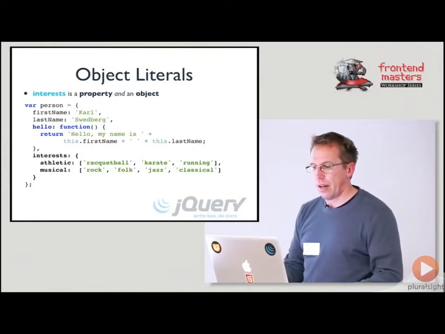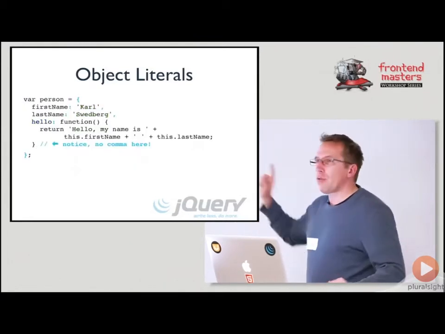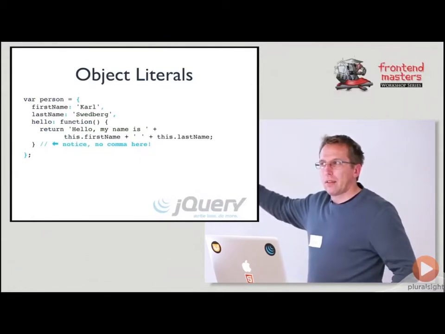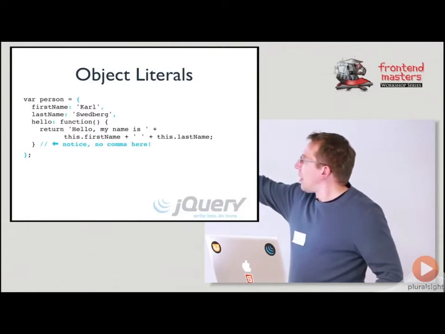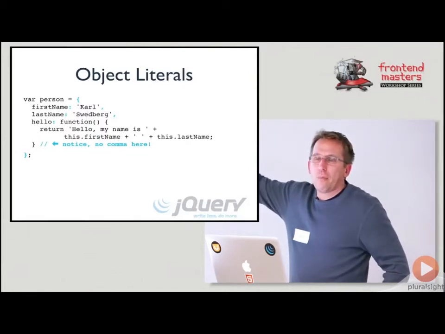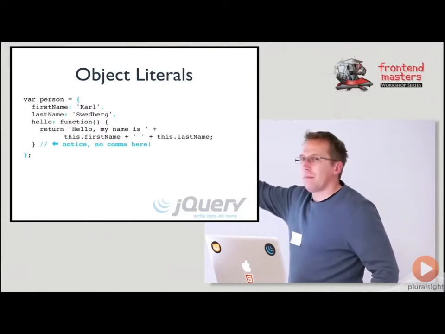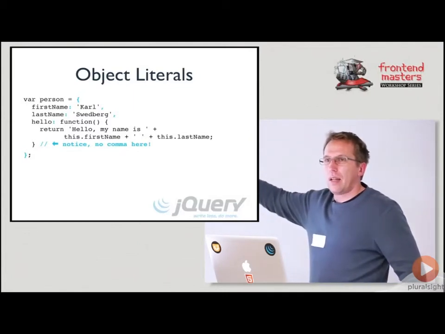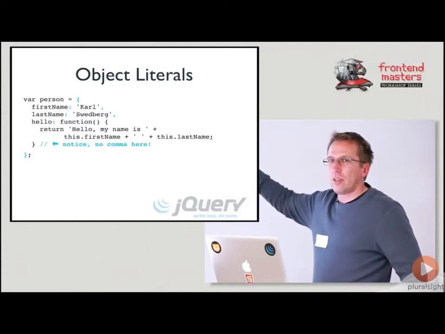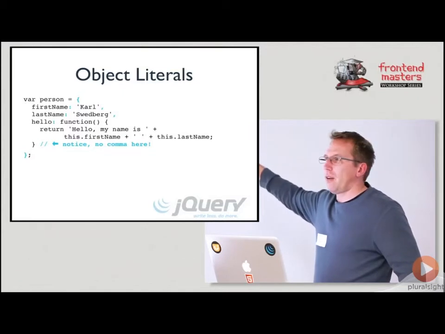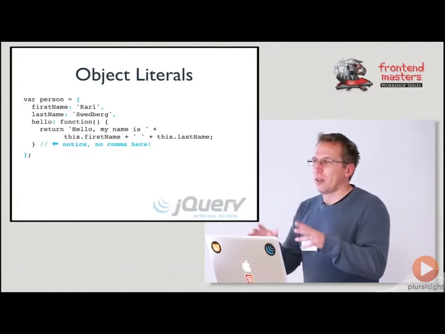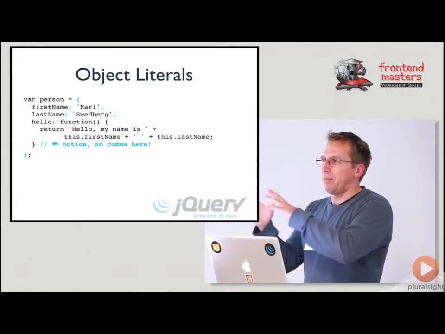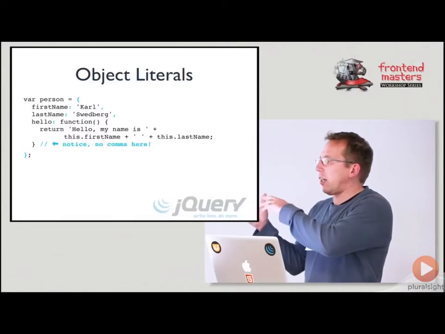Here's something really important to remember about objects in JavaScript. No trailing comma. Don't put a comma after the last item in an object. You know why? Anybody run into this before? Like in PHP, I keep talking about PHP. It's the only server-side language I know, other than a little Ruby.